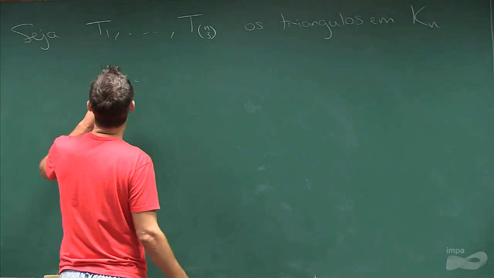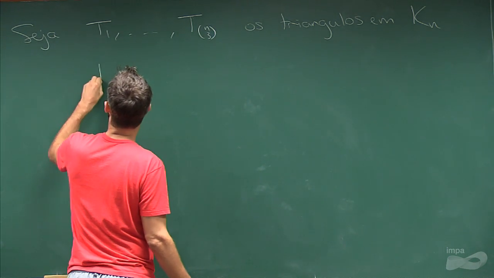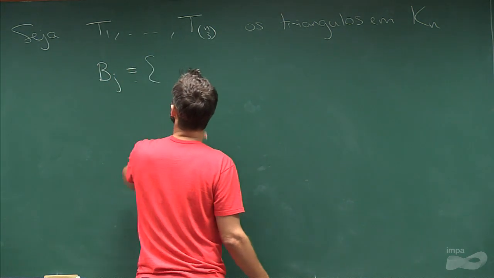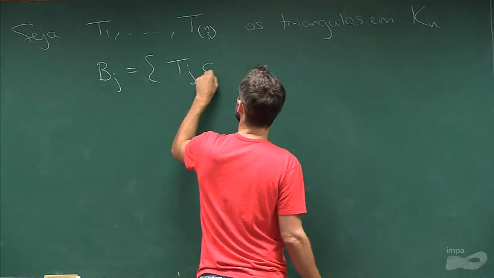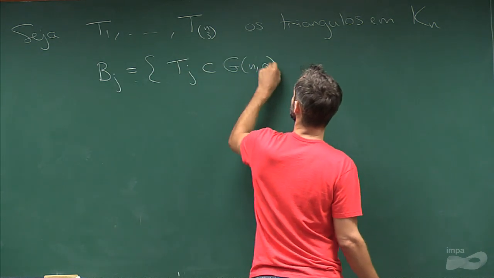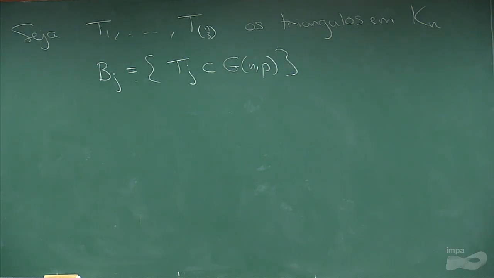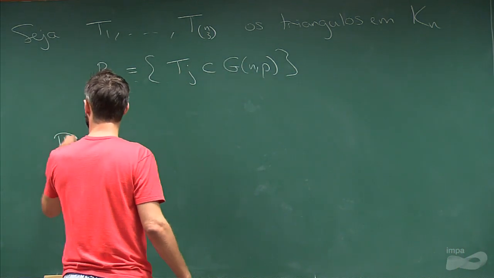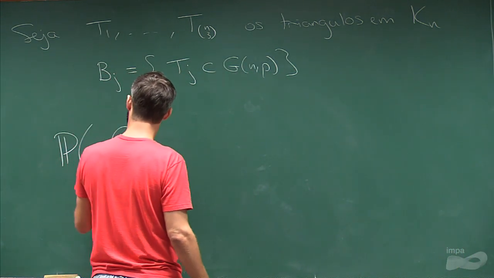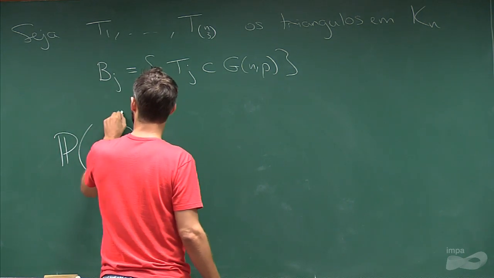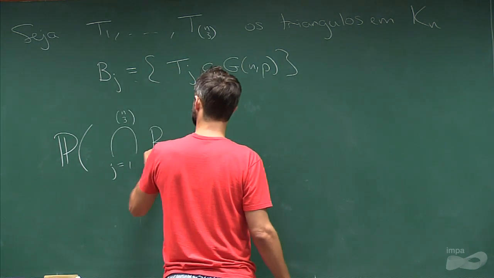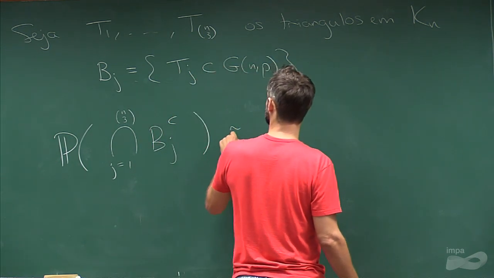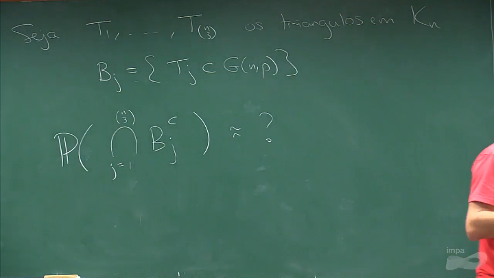Let B_j be the event that T_j is contained in G(n,p). We're interested in the probability that none of these bad events B_j happen, that is, the probability that there's no triangle.